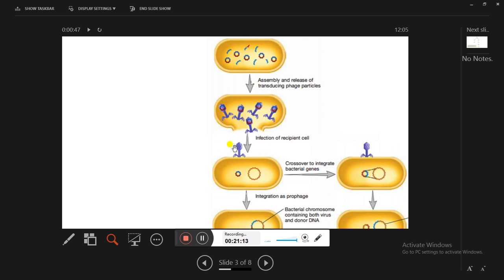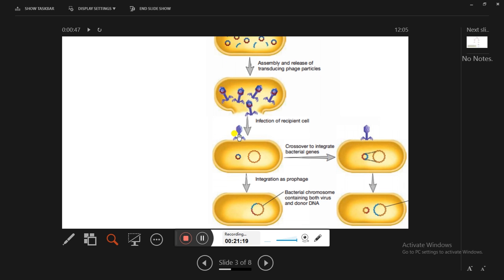Now this bacteriophage lyses the bacterial cell, and lysis releases the newly produced phage particles. Now these phage particles infect other host cells, they will infect another cell. At that time they simultaneously release the bacterial genome into this bacterial cell.